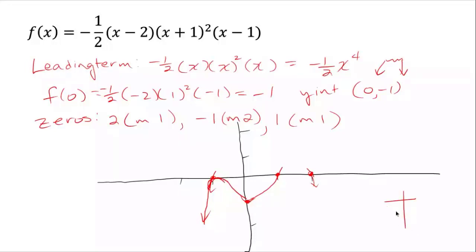I need to plug in 1.5 and find out what it equals. So if I plug in 1.5 up here, working above the equation now, I get -1/2. 1.5 minus 2 is -1/2. 1.5 plus 1 is 2.5, which is the same thing as 5/2 squared. 1.5 minus 1 is a +1/2.